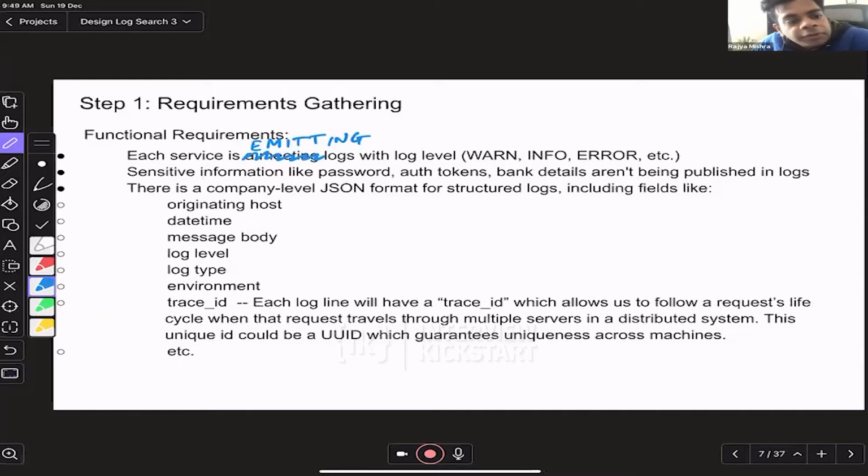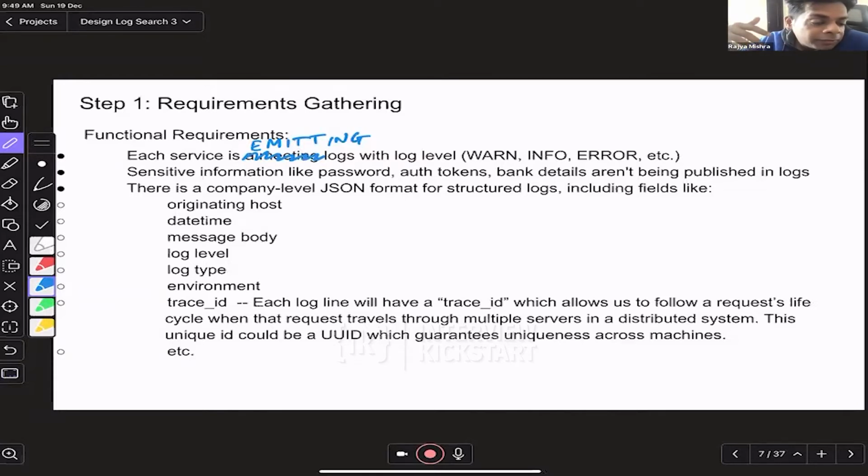Then there is a company level JSON format for structured logs. So it can happen that multiple microservices are emitting their logs. And when we talk about multiple microservices, we know that they are usually handled by different teams.